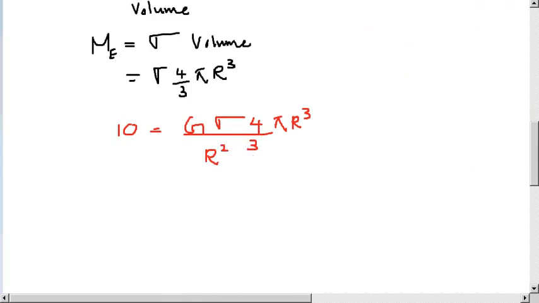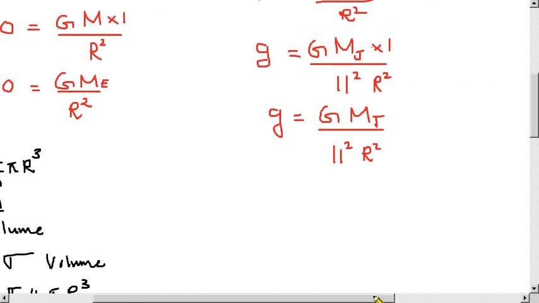So we can cancel r squared, then only 1 r is there. Then 10 equals 4 divided by 3 G sigma pi r. That's all we have. So let us keep it aside here.